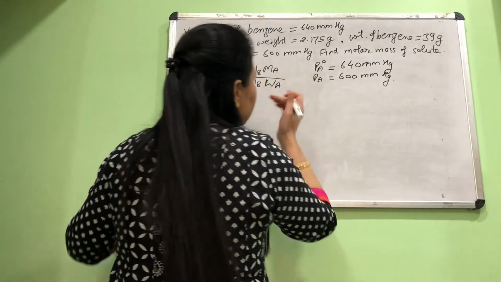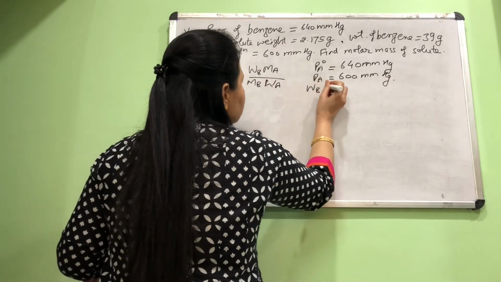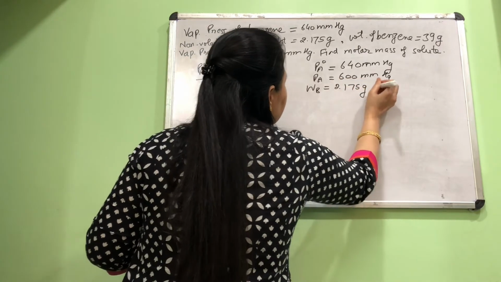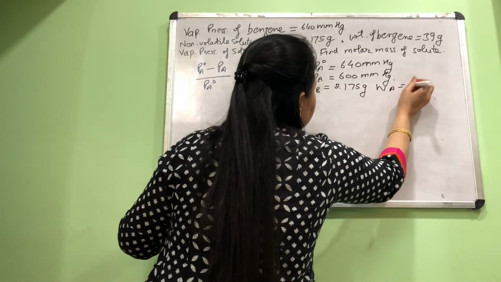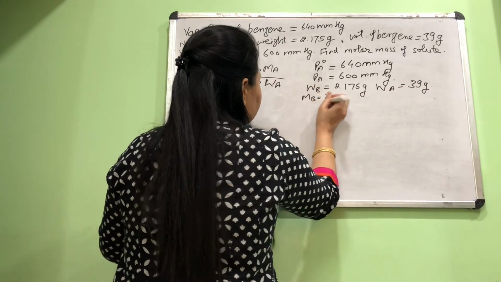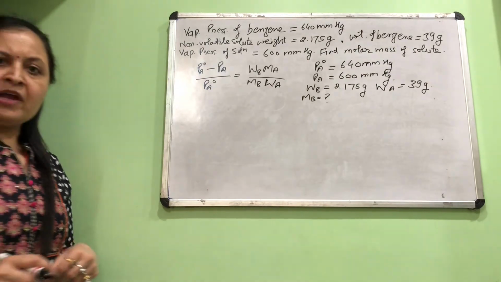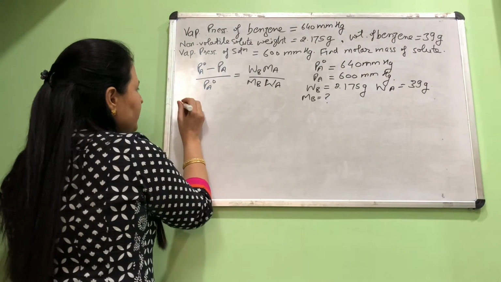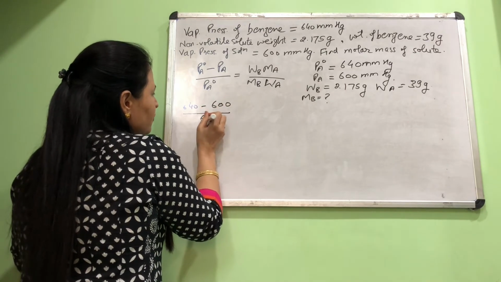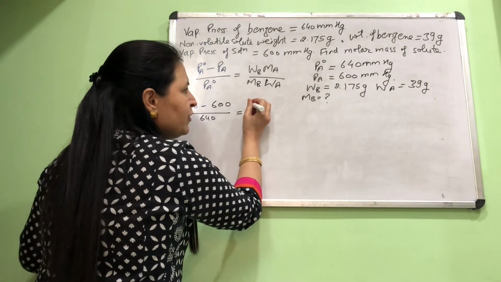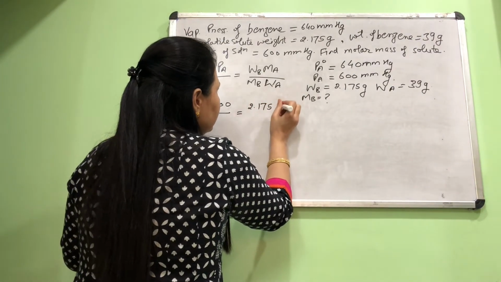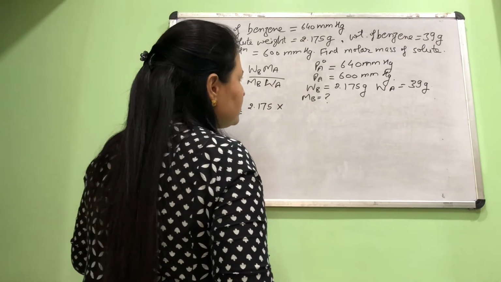Then WB is the mass of solute, which is taken as 2.175 gram. Then WA is 39 gram. Then MB is what they are asking. Let's substitute the values. In place of Pa0, it is 640 minus 600 by 640 is equal to WB, the mass of the solute, 2.175 gram, into the molar mass of the solvent.